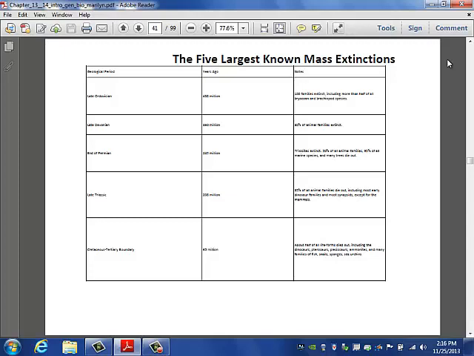So, the 5 largest known mass extinctions: 430 million years ago, 360 million years ago, 243 million, 208 million, and most recently 63 million. That's the one I think we all are familiar with, the dinosaur one.